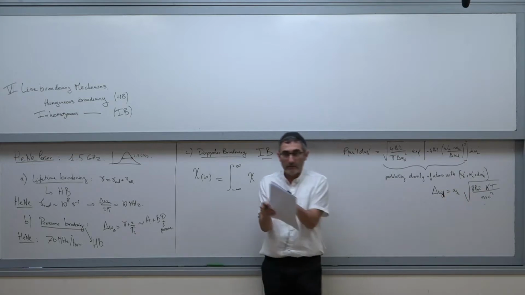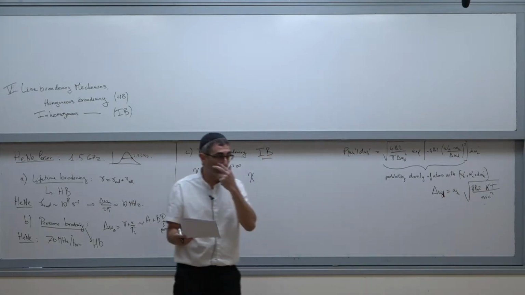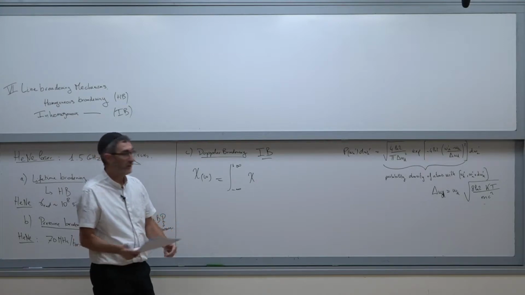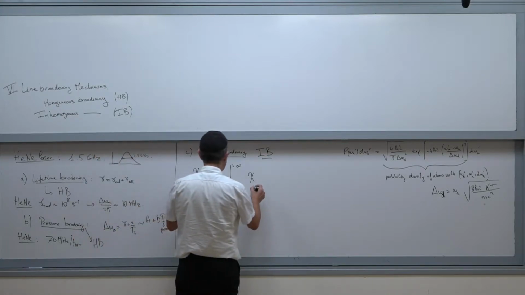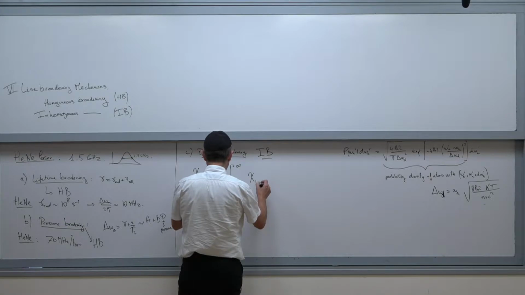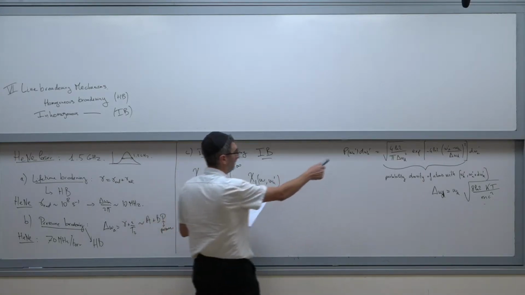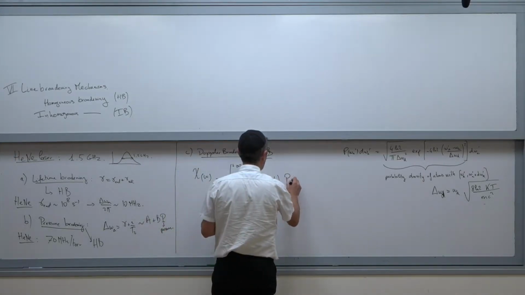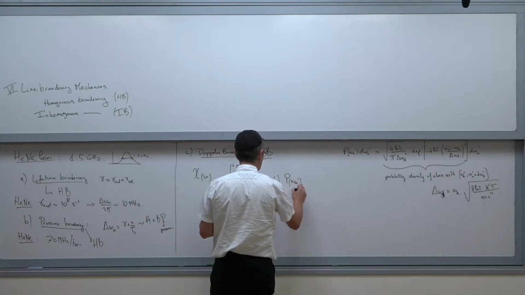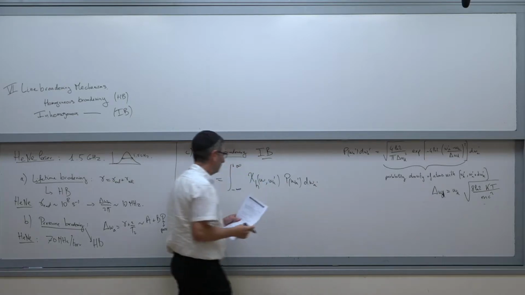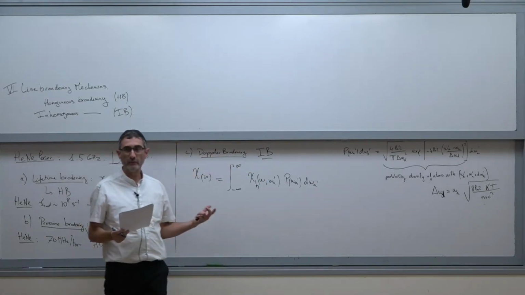Let's say a group of atoms between omega A and omega A plus d omega A have roughly a homogeneous line width. So I call that chi h of omega A prime, times this distribution here, p of omega A prime d omega A prime. Okay, you see what I'm doing here?